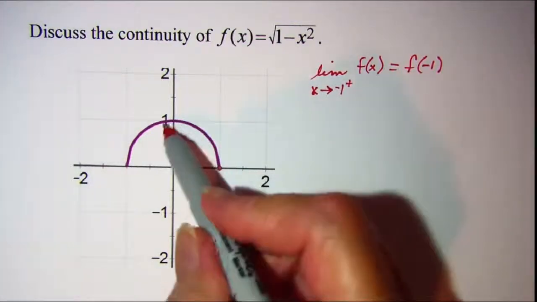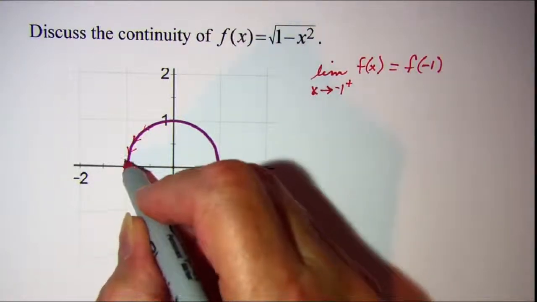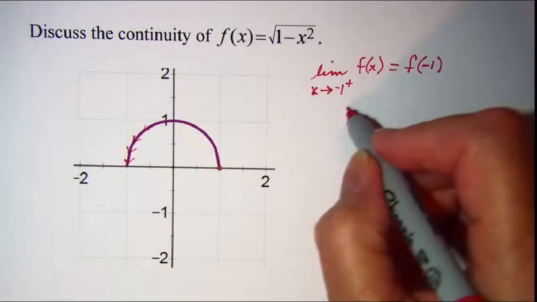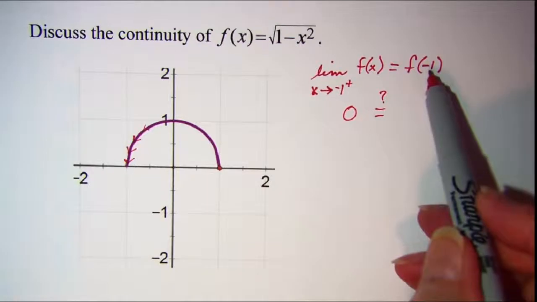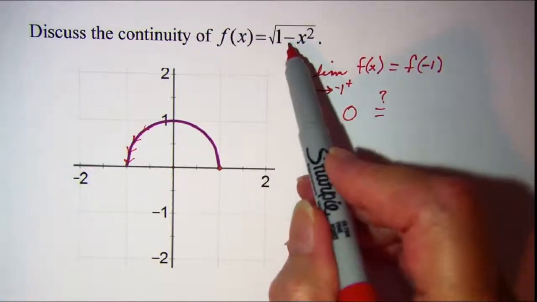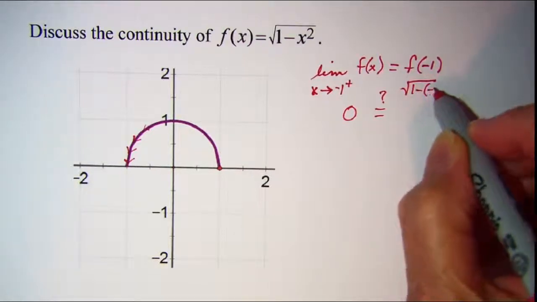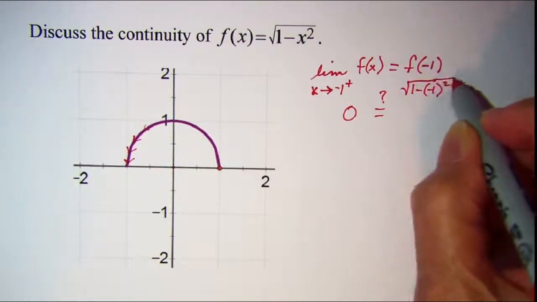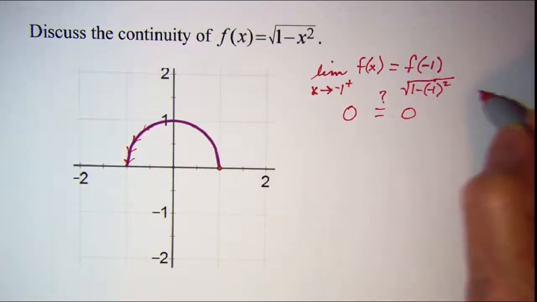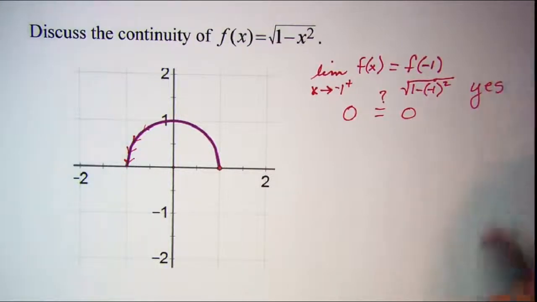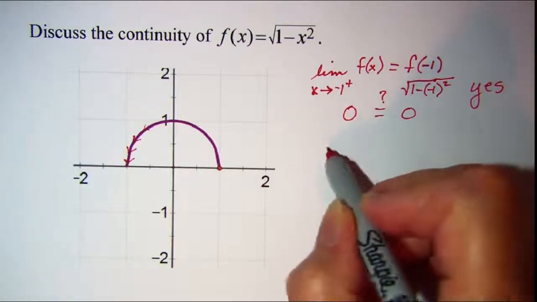Now the limit as we're approaching -1 from the positive direction, we can see that that y value is 0. And f of -1, if we put -1 in, we get the square root of 1 minus (-1) squared. So that's the square root of 1 minus 1, which is also 0. So that is true.